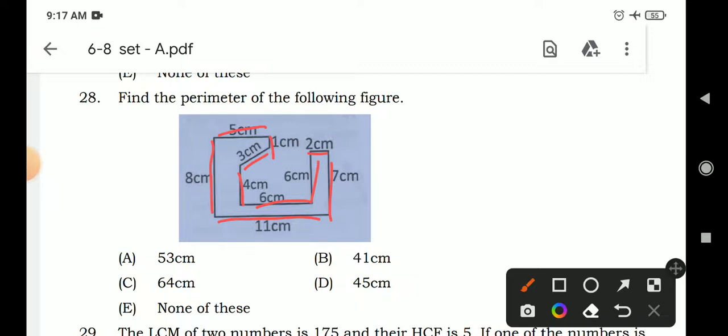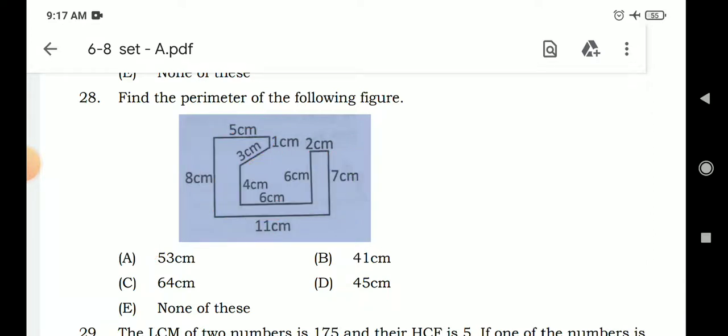Then all of these sides you will add. 2 plus 7 is 9, 9 and 11 is 20, 20 and 8 is 28, 28 and 5 is 33, 33 and 1 is 34, 34 and 3 is 37, 37 and 4 is 41, 41 and 6 is 47, and 47 and 6, what will come? 53. So the correct answer is option A, 53 centimeter.